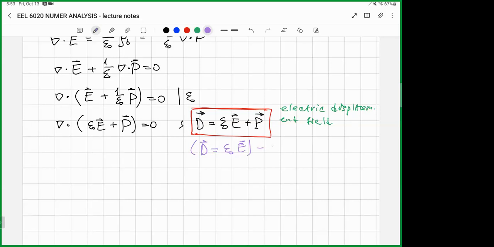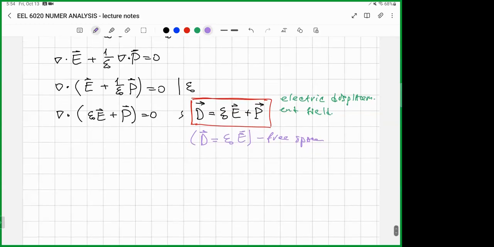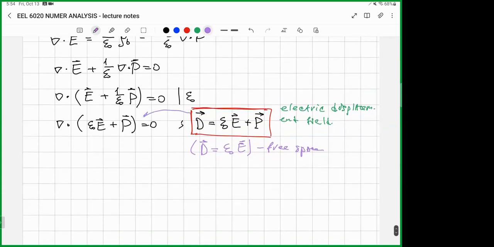So this is for free space. In matter, if matter can be polarized, then we need to add this polarization to the formula of the electric displacement field. Plugging this into the Maxwell equation, we get the first one, which says that the divergence of D is equal to 0.